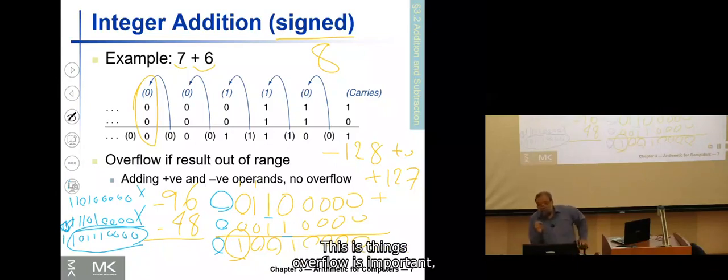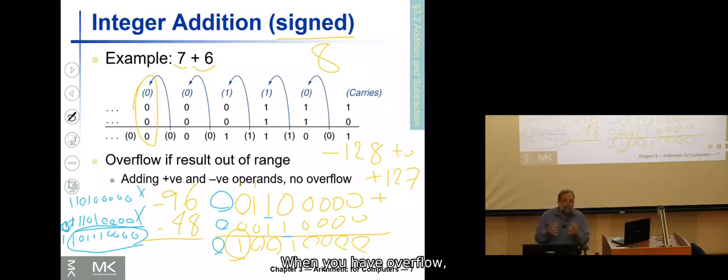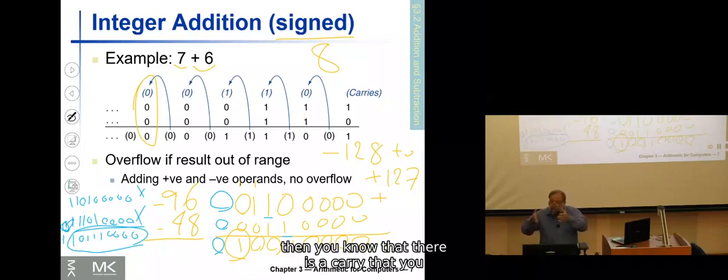So overflow is important, especially when you are in signed operation. In unsigned operation it is also important, but it is easy. When you have overflow, then you know that there is a carry, so you could add 2 to the power of n to that number, and then you get the correct result.